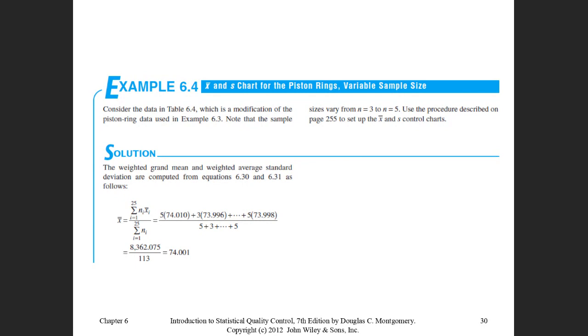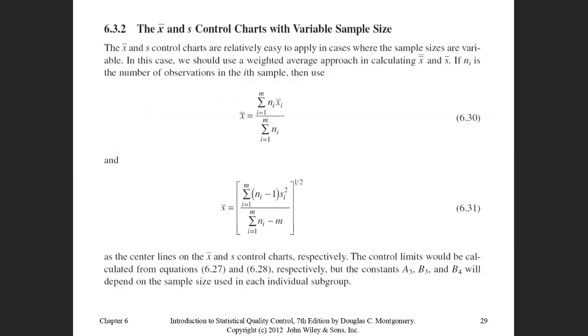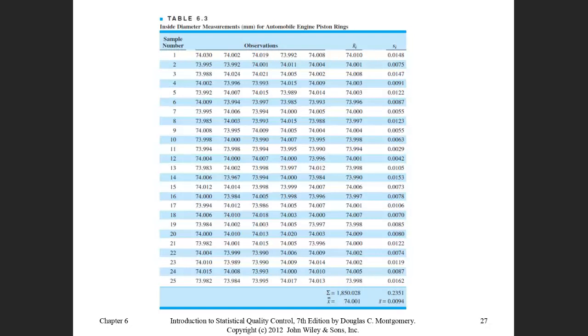How do we calculate the X double bar? In this case it will be different for every reading, because if I have 4 readings in a row, then the average will be the sum of the readings divided by 4, whereas if I have 5 readings, then it is divided by 5.